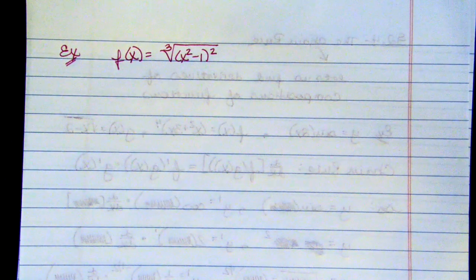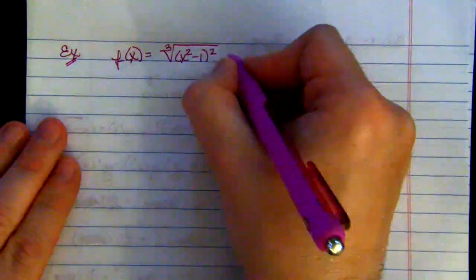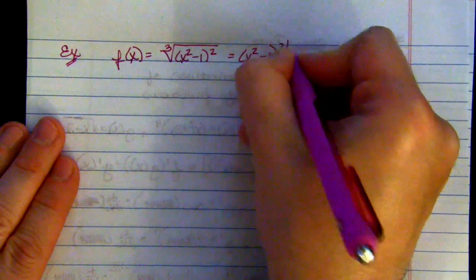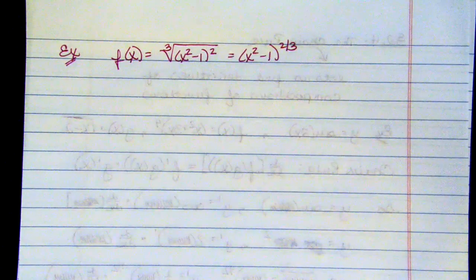F of x equals the cube root of x squared minus 1 squared, which can be rewritten as x squared minus 1 to the 2/3. I want to see if you can find the derivative. Again, the video is going to pause, see what you can do.